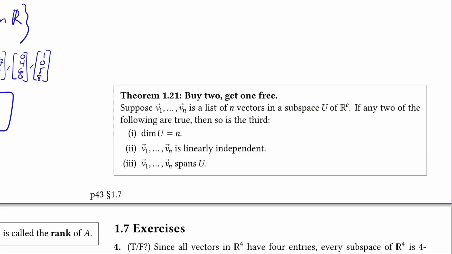Now, let's just justify why this is. If 2 and 3 are true, that implies that 1 is true because that's the definition of the dimension. Like, if these two things are true, then that means that your list of n vectors is a basis, and the definition of dimension is the number of things in a basis.